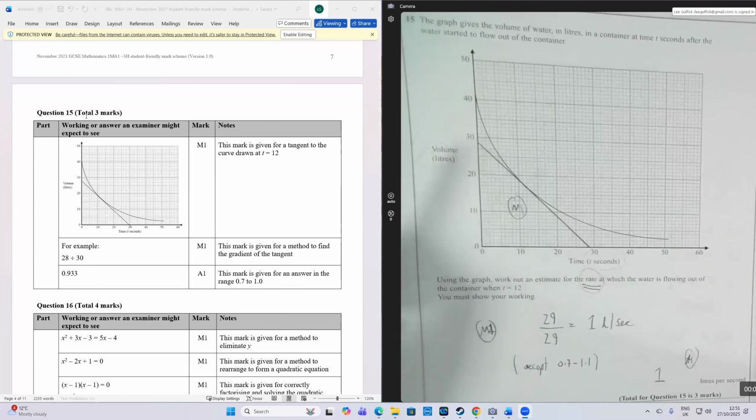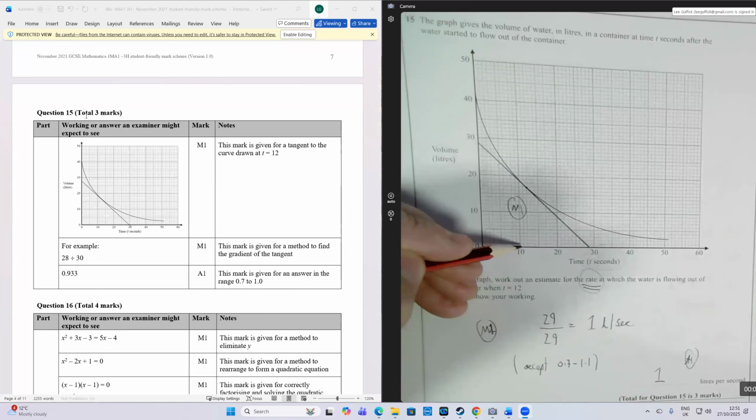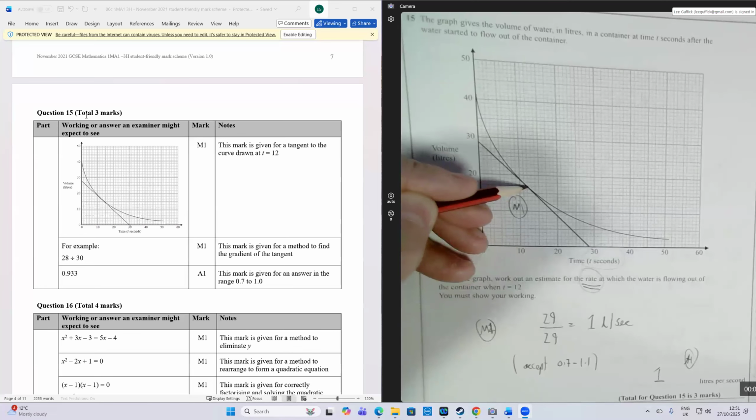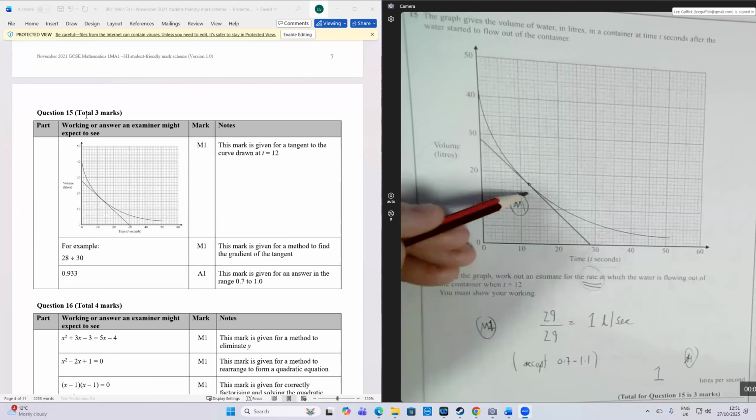So we need to find the gradient at the point where t is equal to 12. So when t is equal to 12, let's think about this. t is going to be here. So we're drawing a tangent to the curve at that point there, where t is 12.